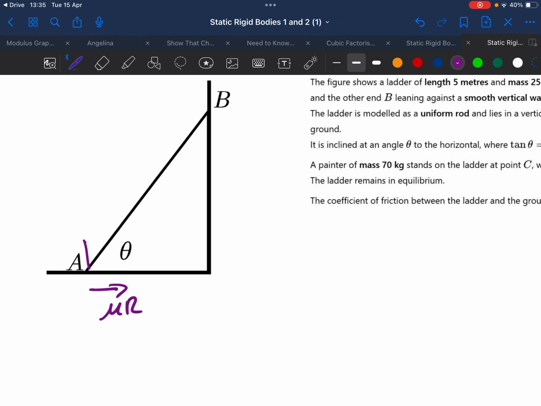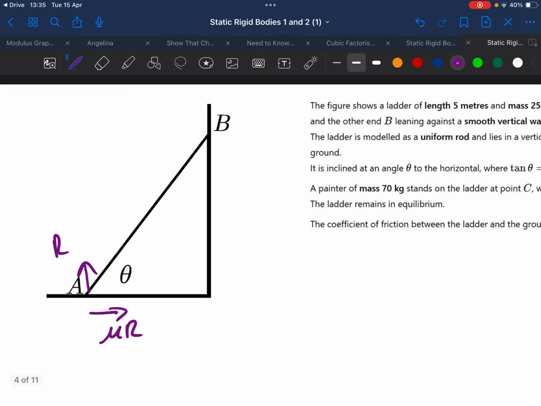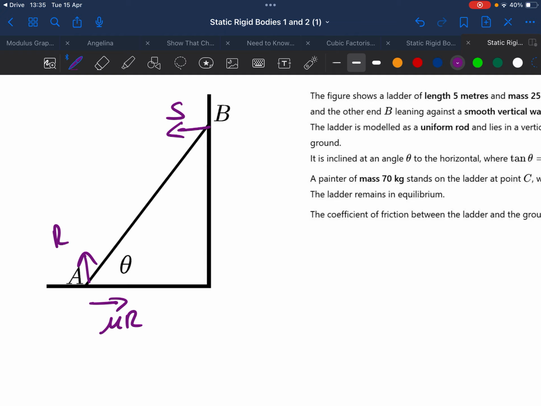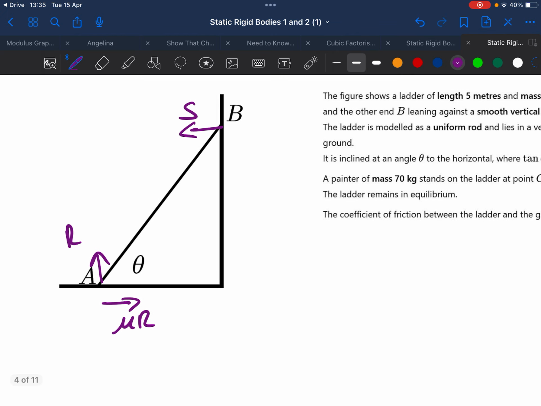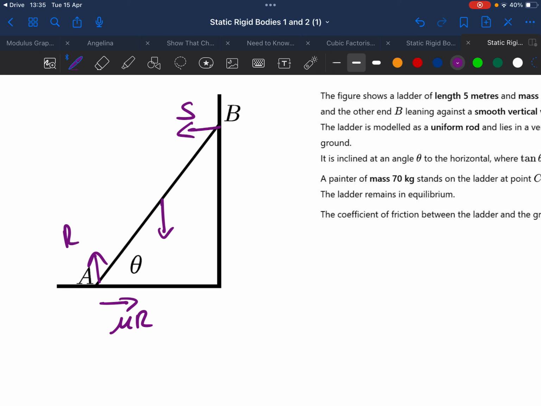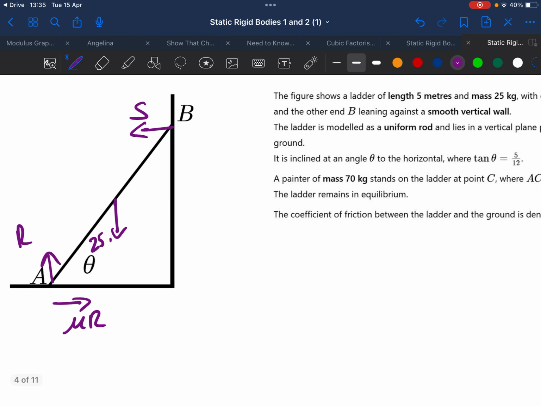So the basic is, if you have a ladder on the ground, you have something like this. The mass is 25. It is uniform. So you would have 25G. Okay. You would do the same for the resolving here. So this would be 25G cos theta.